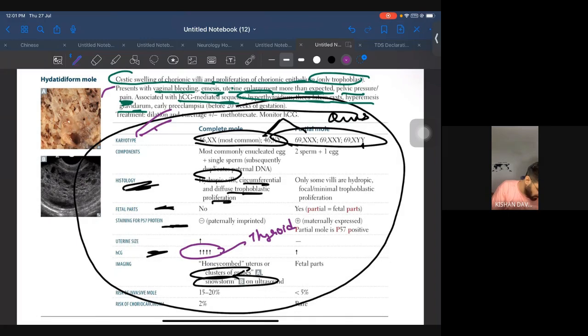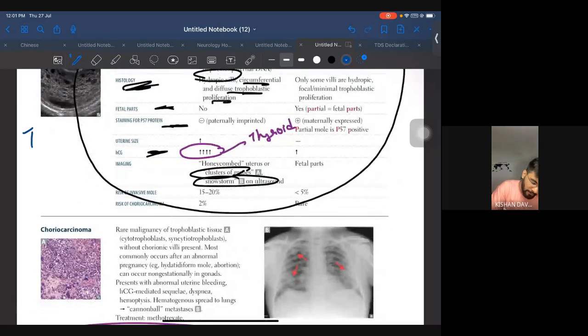And apart from this, let me write here the lab values of thyroid with HCG. Decrease in TSH, increase in free T4. So basically it is hyperthyroidism and it can lead to preeclampsia also.